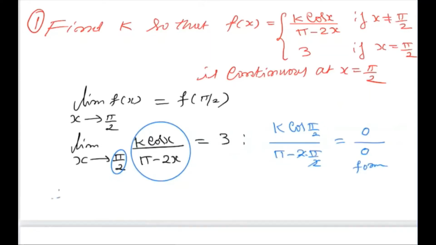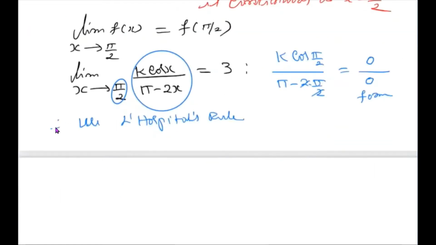So therefore, we shall use L'Hopital's rule. In order to apply L'Hopital's rule, all you need to do is just differentiate the numerator, denominator separately. Please don't apply quotient rule.